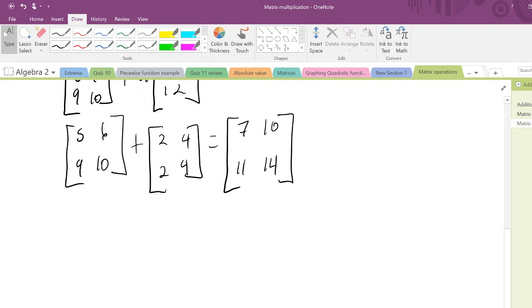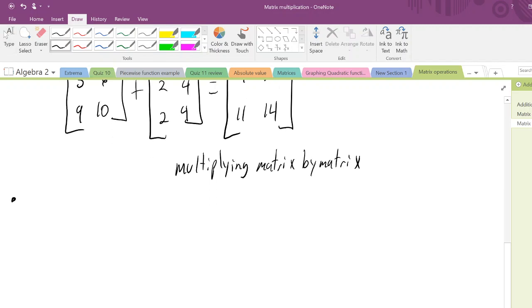All right. So multiplying matrix by matrix. Alright, so the first thing you've got to do, the first thing is important. So, how do I know if I can multiply a matrix by a matrix?